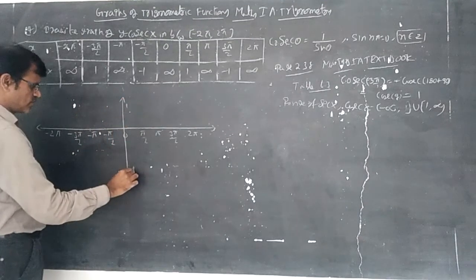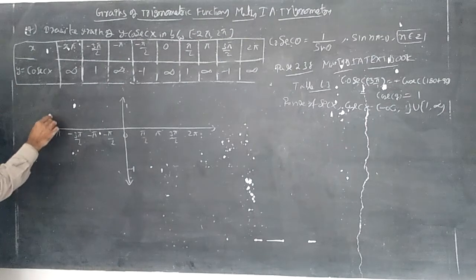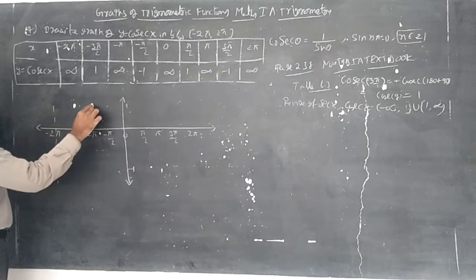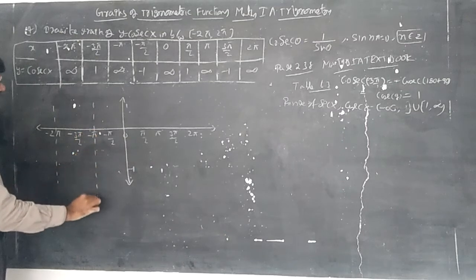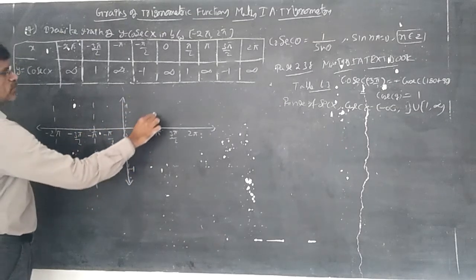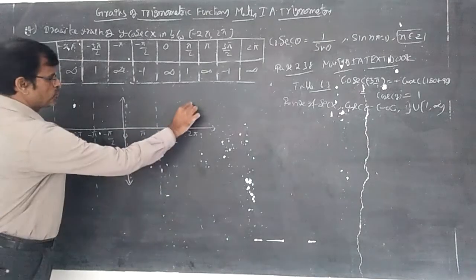Whenever infinity is there, simply draw the lines. That means not defined. For 0 also, for pi, for 2 pi.